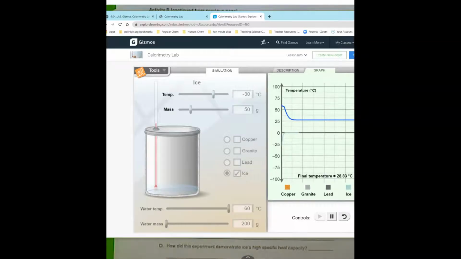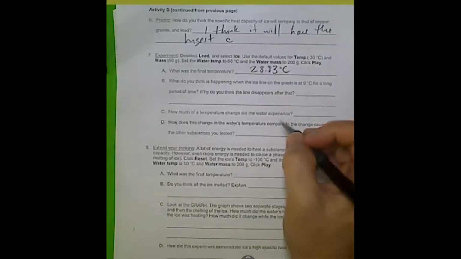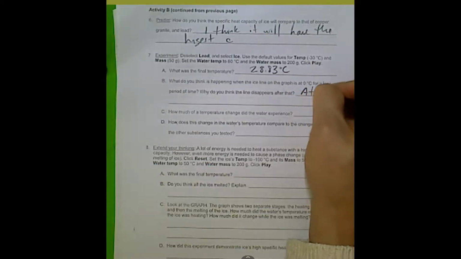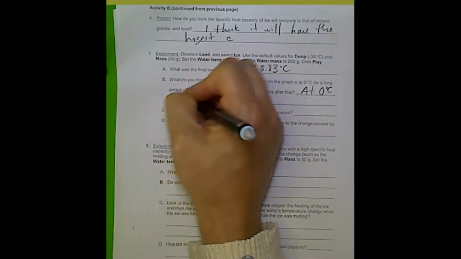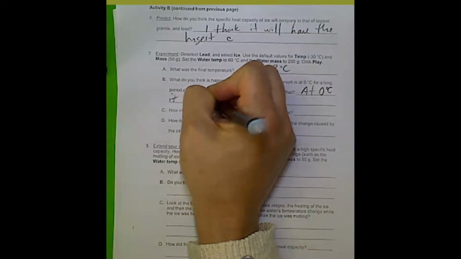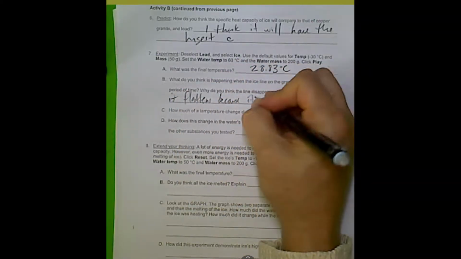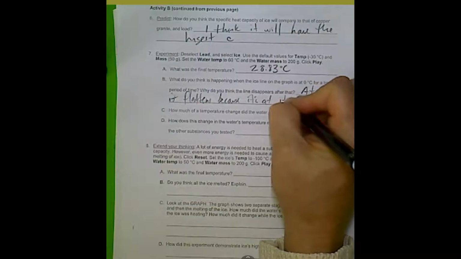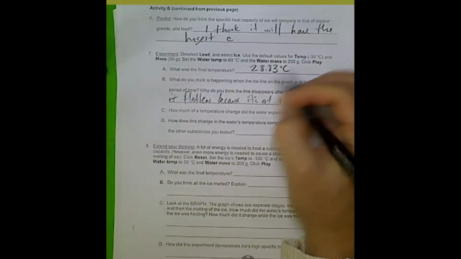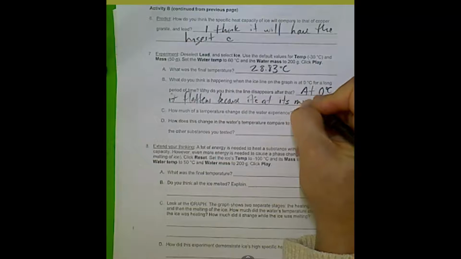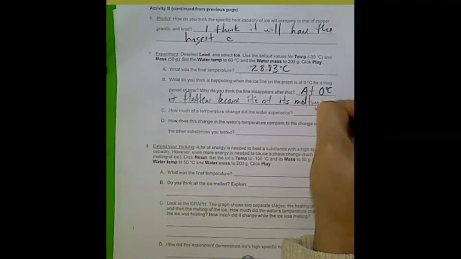So if we go to our answer sheet, what do I think is happening? At 0 degrees Celsius, it flattens because it's at its melting point. Okay.